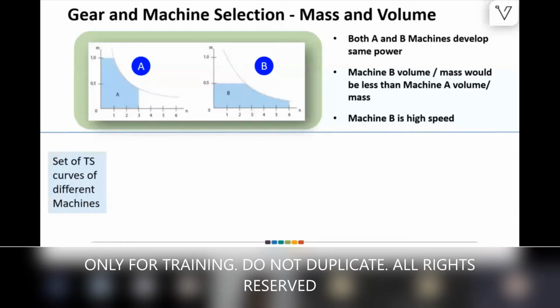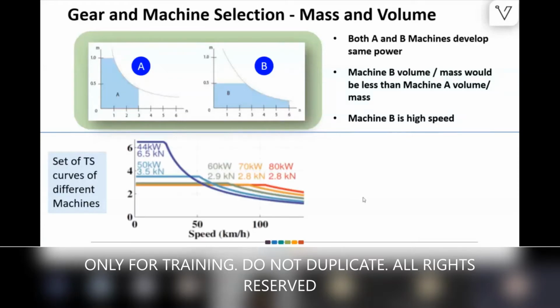If you try to reduce the machine weight or cost, then maybe you need a better gearing, and then again cost and efficiency come into the picture for the gearing. We will now start doing this kind of study. So let us assume that we have many machines like this, with these kinds of curves from the machine.